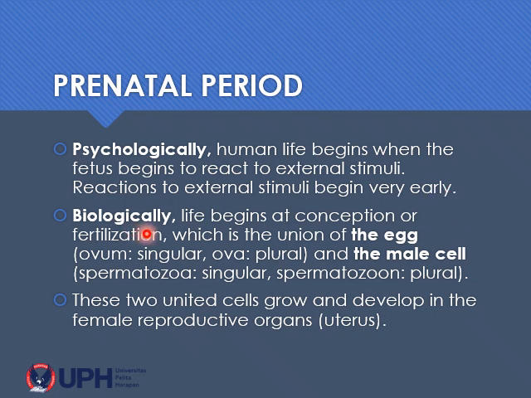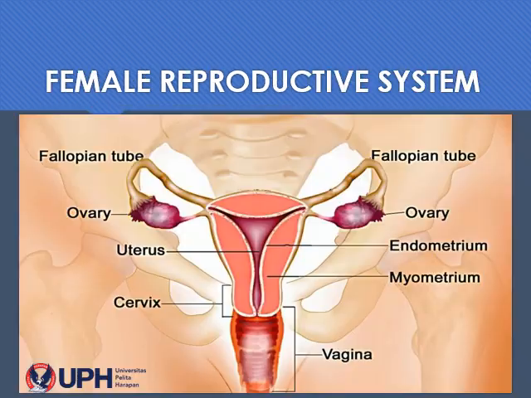And biologically, conception or fertilization is where the union of the egg or the ovum and the male cell or the spermatozoa come together. And these united cells will grow and develop inside the female reproductive organ, which we call the uterus.